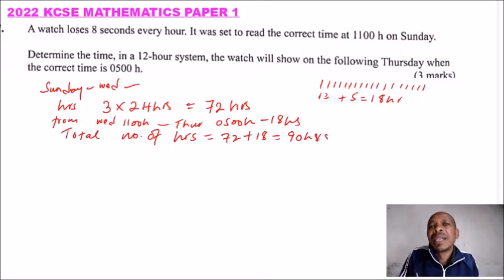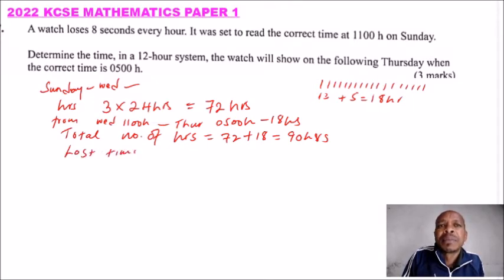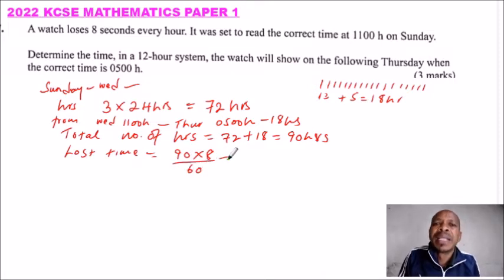And since every hour the watch was losing 8 seconds, the lost time is equal to 90 hours multiplied by 8 seconds, and you divide by 60 to make minutes.